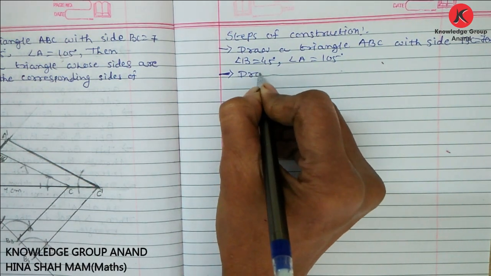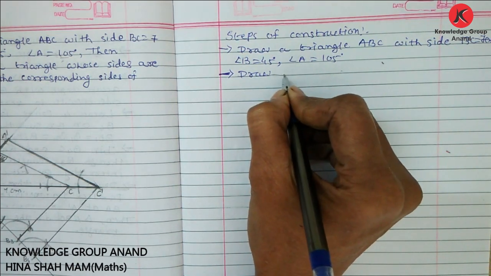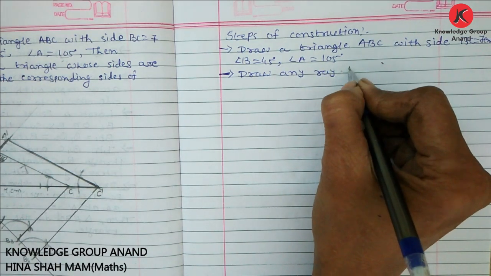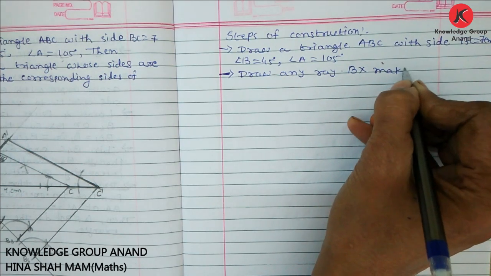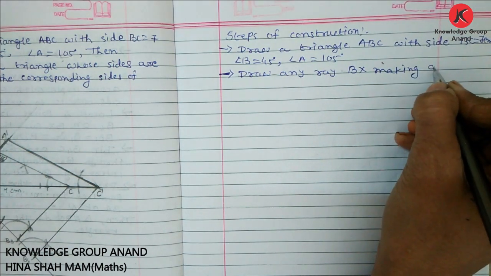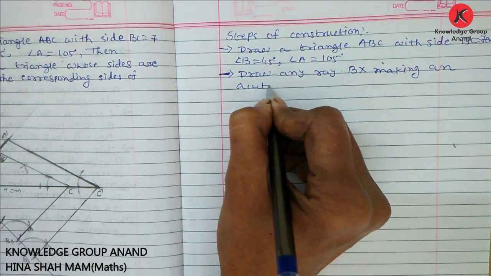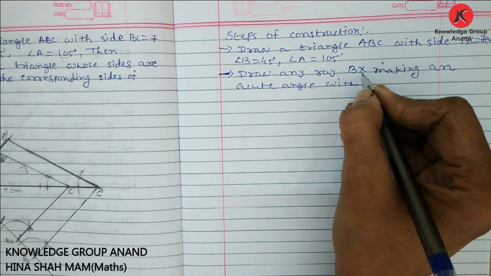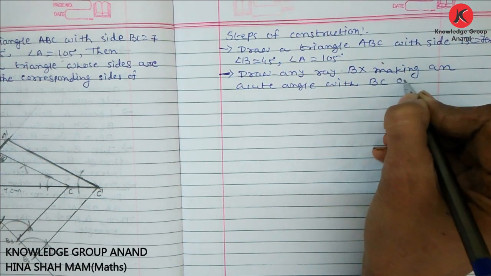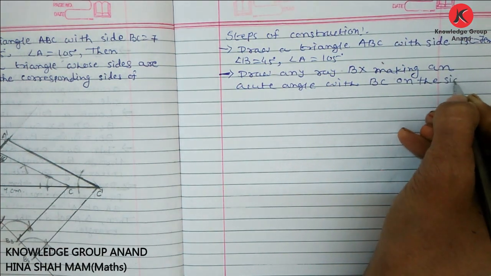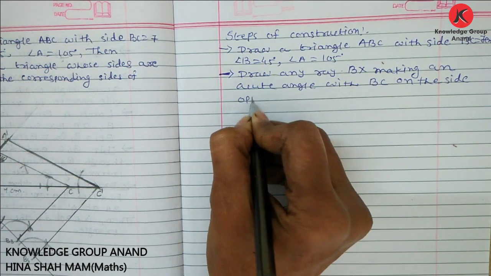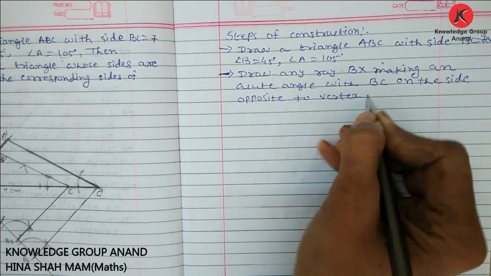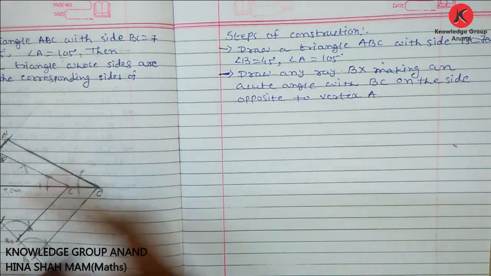Draw any ray BX making an acute angle with BC on the side opposite to vertex A. Draw a triangle.